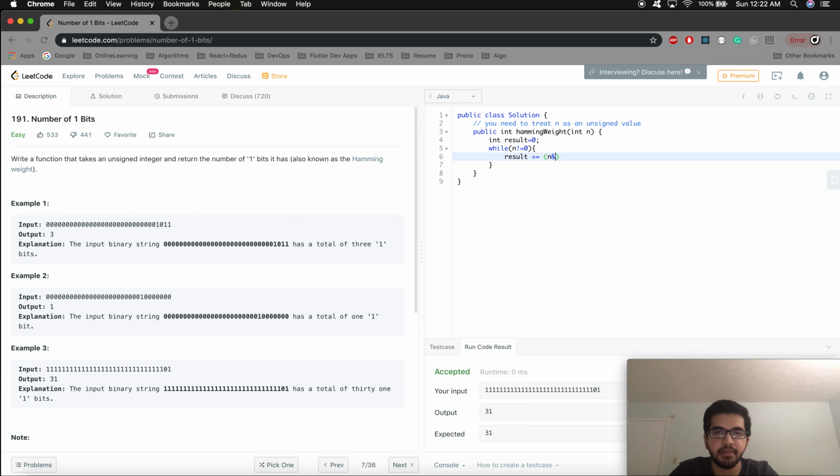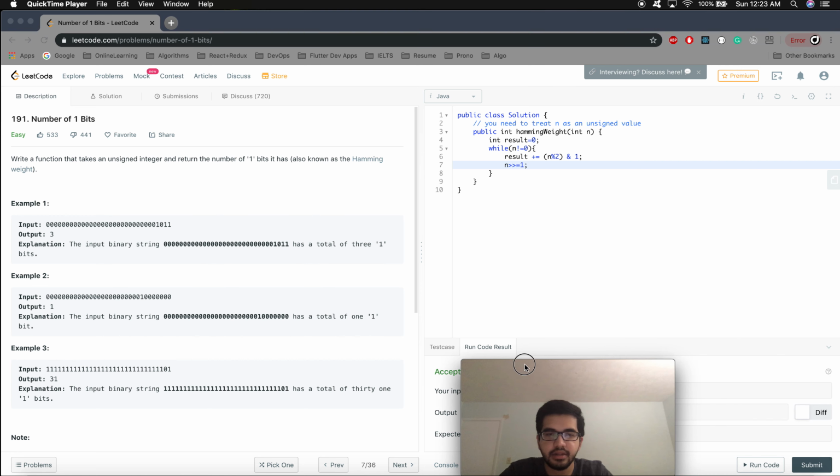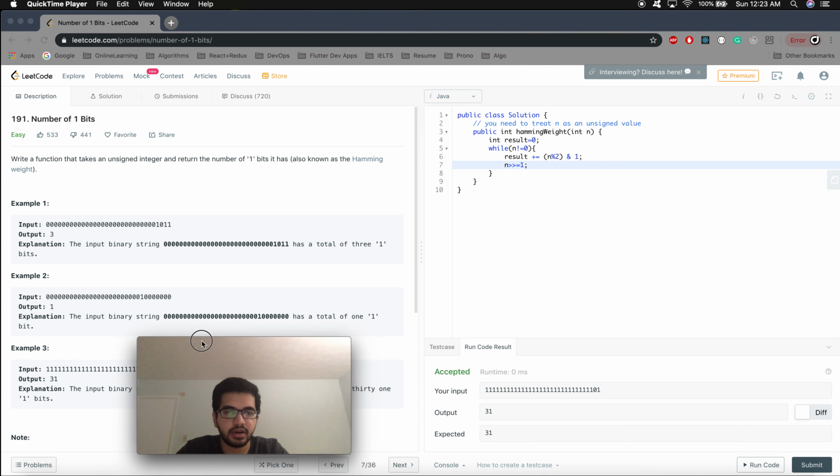The last bit of the number we get by doing n%2, and if it is 1, we increment the counter, and we do the right shift of n. So let's see if this will work.